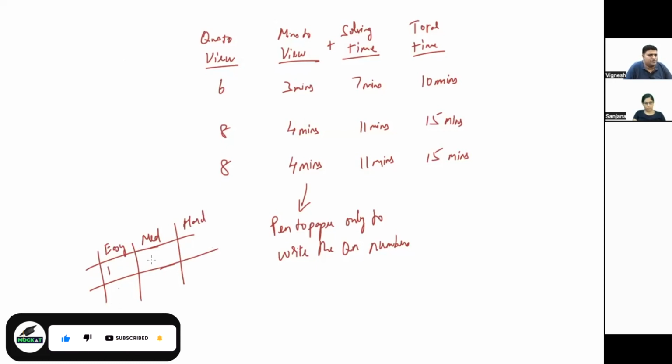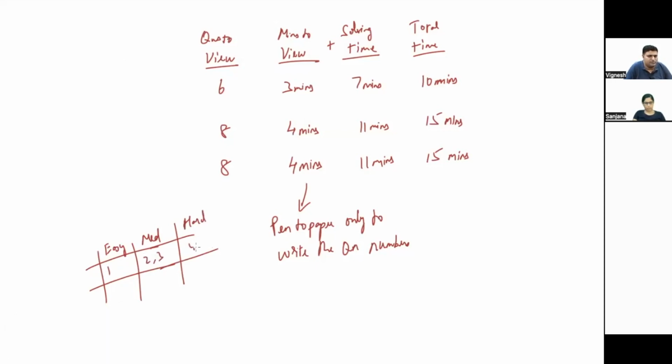You can say first question is easy, second and third are medium, fourth I don't know how to do, sixth I know how to do, 5, fine, I'll put 5 here. But between these 2, 3, 5, I think third one is a little easy. So I'll try the first, I'll try the sixth, and then I'll try the third. All of this is all you can do in this time.